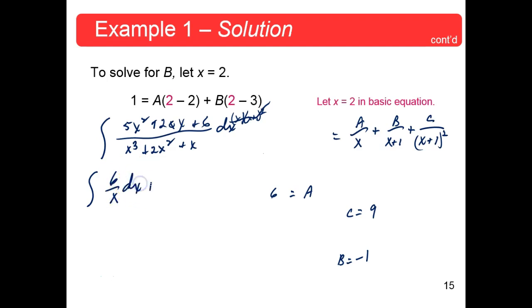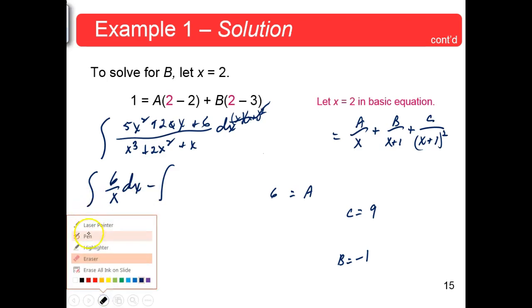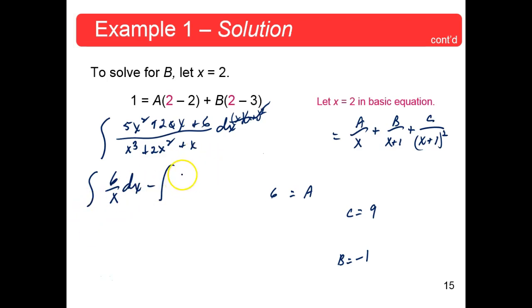I'm going to write it as dx plus the integral of minus the integral of, b was minus 1, that's why I changed that. 1 over x plus 1 dx plus, I'm going to pull the c, the 9, on the outside, over x plus 1 squared dx. Okay? Probably should have done the same thing with the 6 there.